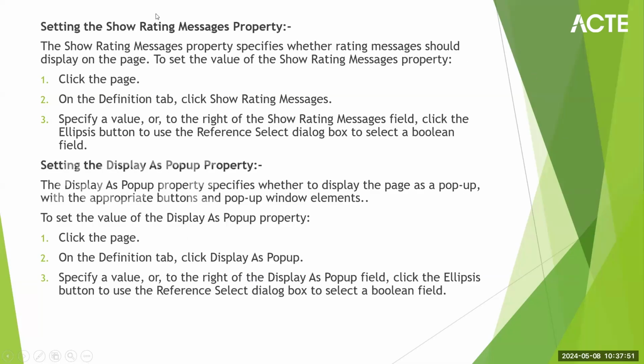Now you don't want those pages to be displayed that way; you want the pages displayed as a pop-up. On click of the policy form button, a separate forms library pop-up appears, showing what forms are there in that particular policy. Those kinds of pages are called pop-up property pages. How do you apply that? Click on the page, on the definition tab, click display as a pop-up and specify a value, or map the respective condition if it already exists in your manuscript.